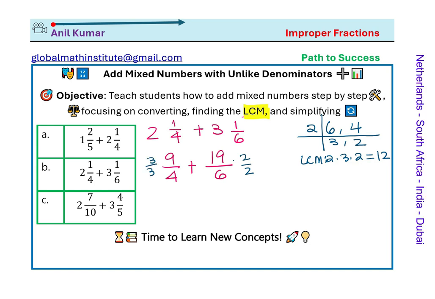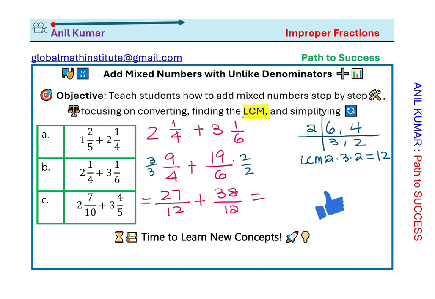Let's rewrite. So this is equal to 3 times 9, which is 27, over 12, plus 19 times 2, which is 38, over 12, right? Now we can add them up. So with the denominator of 12, we get 8 plus 7 as 15, and 3 plus 2 plus 1 is 6.